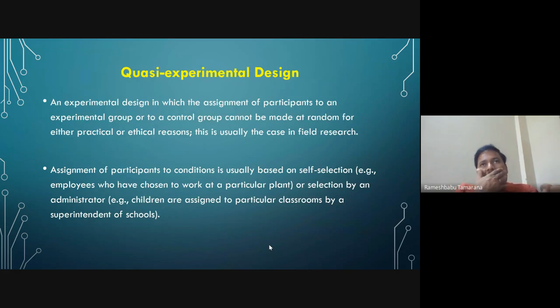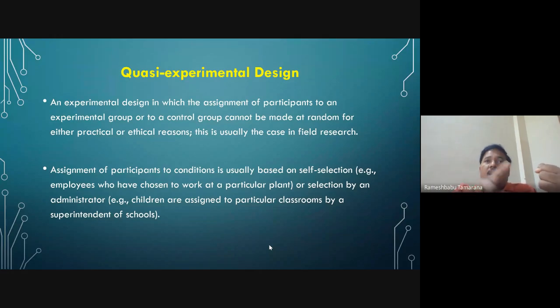breakfast content. And we also have something called quasi experimental design. The quasi experimental design is an experimental design in which the assignment of participants to an experimental group or control group cannot be made at random for some reason. So for example, in the experimental design, you have to randomly assign your participants into both the control group and the experimental group, right?